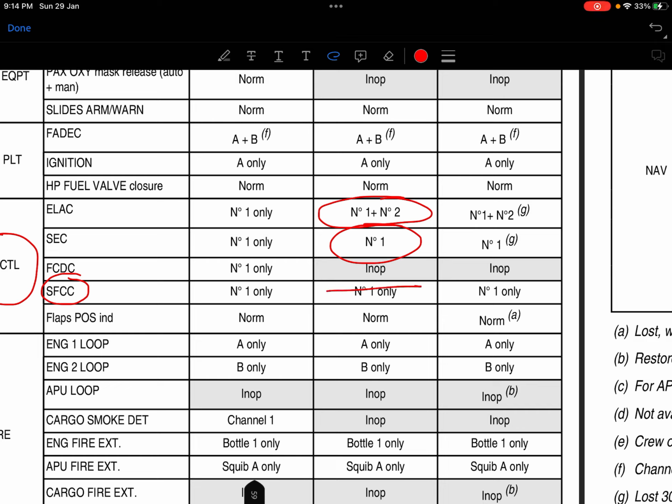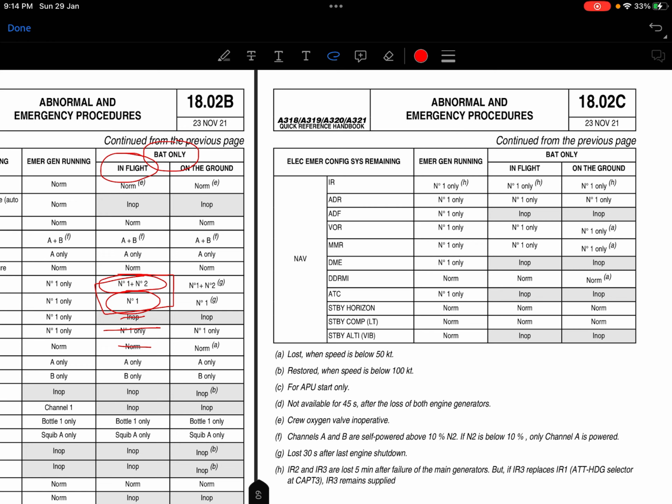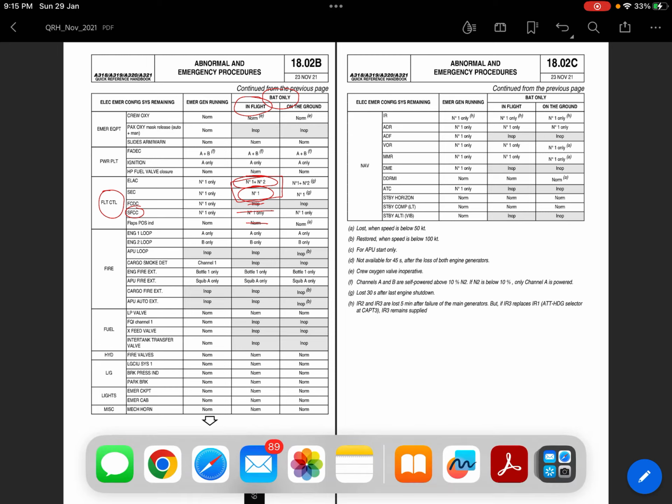So ELAC and SEC are the only computers which are available, right? I hope at least you know where it is. It's a secondary thing whether you remember it or not, but at least you know where this information is available in your books, right? So going back again to the questions, option delta is correct.